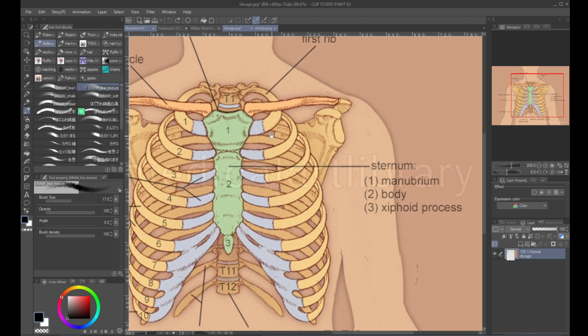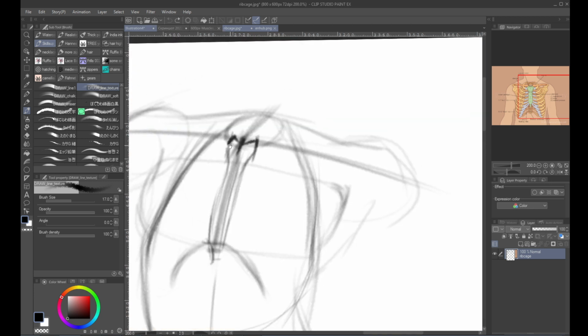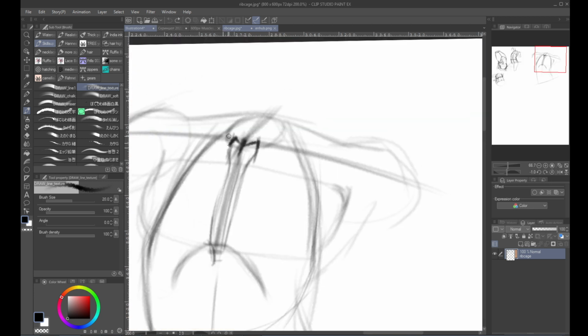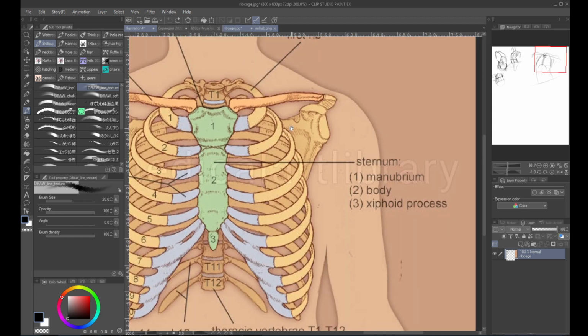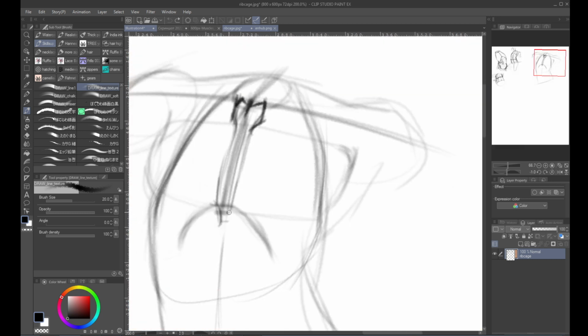It's where the clavicles attach, and it can be seen on a person quite clearly. Then we have the main body, and then we have the xiphoid process, which is a small bit of rib. Sometimes it also can be seen if the person is sufficiently thin.